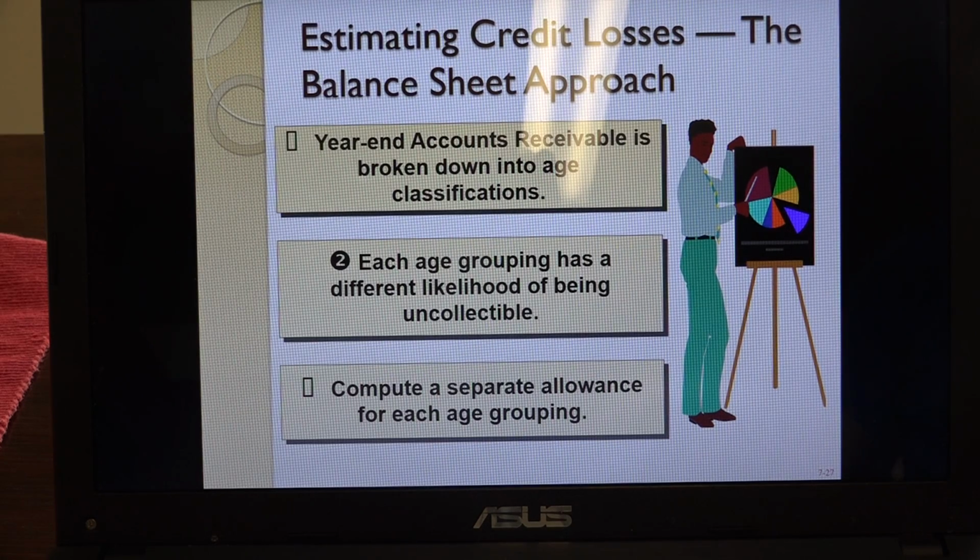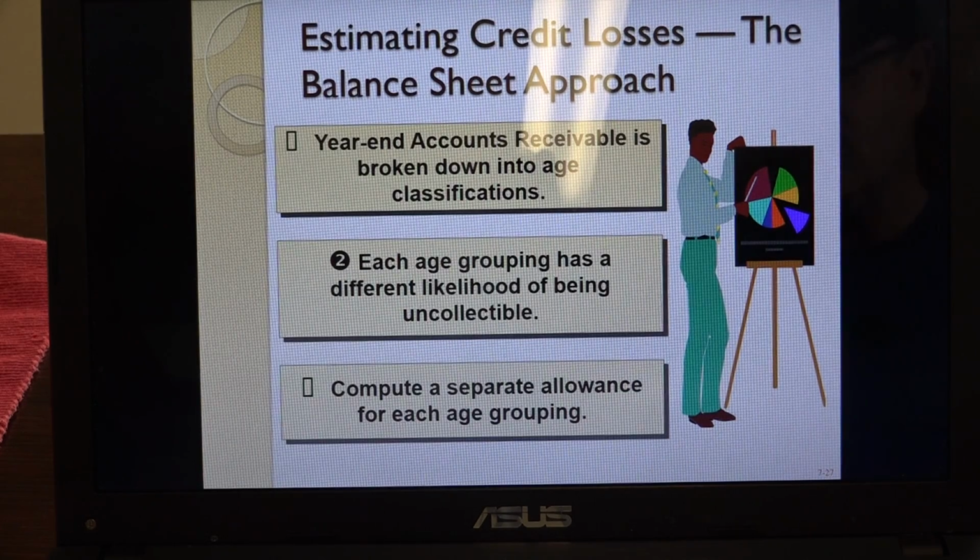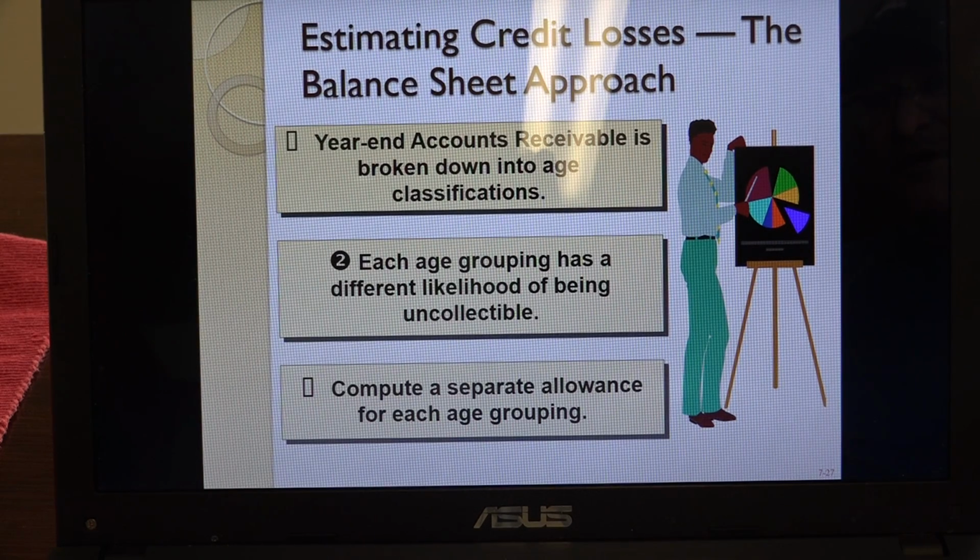So when using the balance sheet approach, what you're going to do is request from accounting an accounts receivable spreadsheet that's going to list accounts receivable broken down into age classifications.